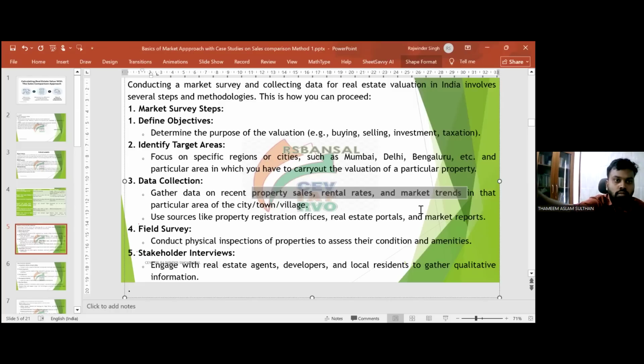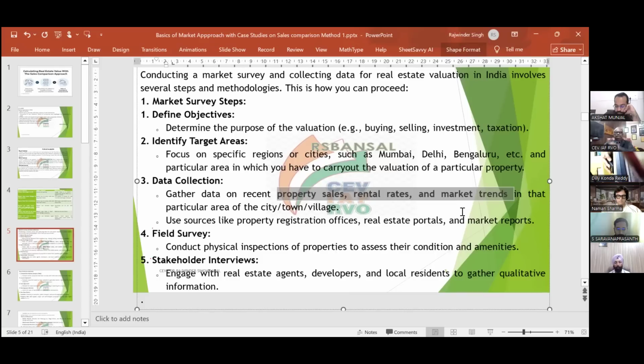And then what are the market trends? Whether it is a buyer's market, whether it is a seller's market, or other things related to marketability in that particular area of the city, town, or village. And you can use sources like property registration offices, real estate portals, market reports, or real estate agents of that area.